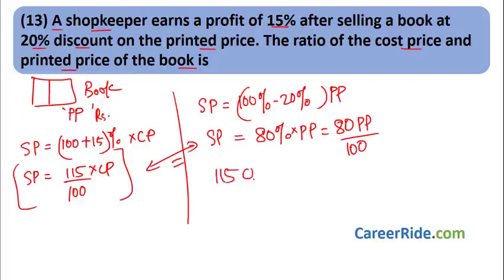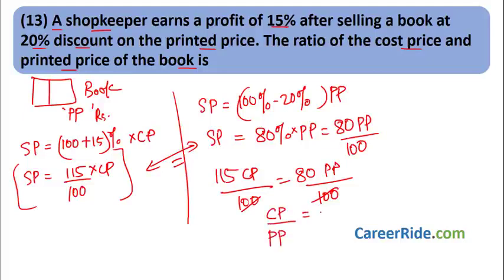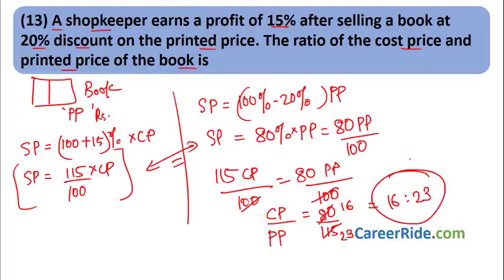So what do we get? 115 times cost price upon 100 equals 80 PP upon 100. The 100 gets cancelled. Cost price upon printed price would be 80 upon 115, which is 16 upon 23. So 16 is to 23 is the ratio of cost price to printed price.